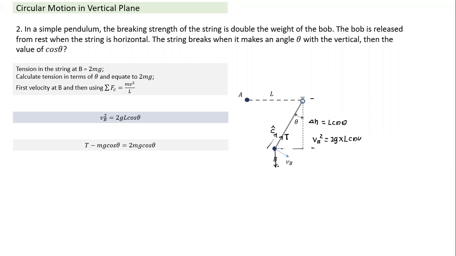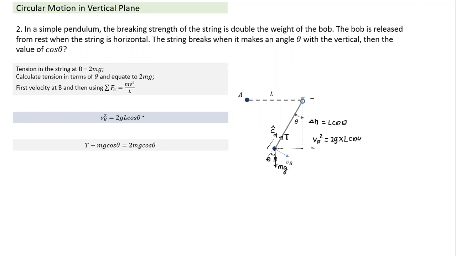Whatever forces are there, we take the centripetal component. If this angle is theta, T itself is already in the centripetal direction, the mg component will be mg cos theta but negative. So if I write the summation of centripetal components, it will be T minus mg cos theta. That has to be equal to mvB squared by L.